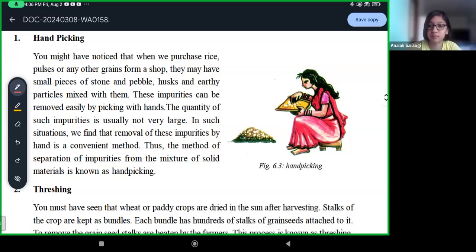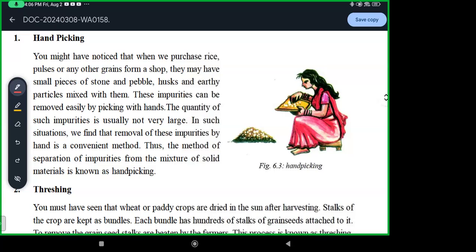Earlier they used to hand pick. If there are small stones sometimes in the pulses or in rice, they pick with hand and separate them. So these impurities can be removed easily by picking with hands. The quantity of such impurities is usually very small.